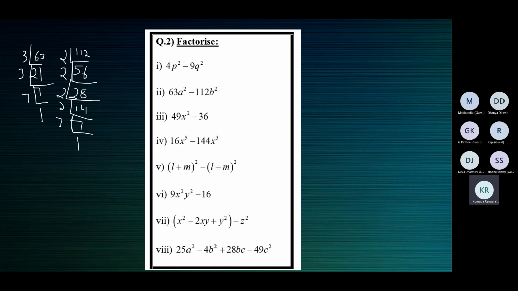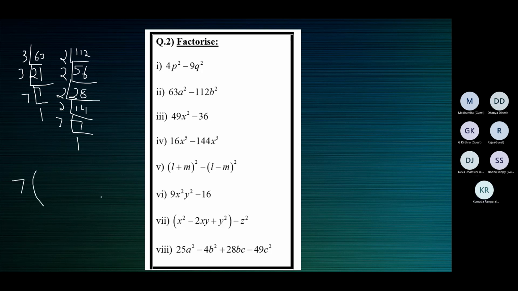So I've told you the golden rule. Whenever we have to factorize an expression, if there's something in common between all the terms, bring out the common factor. So 63a square and 112b square have 7 in common. Bring it out. Open bracket. Watch now. I don't know what to write.